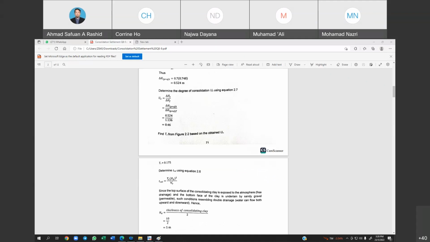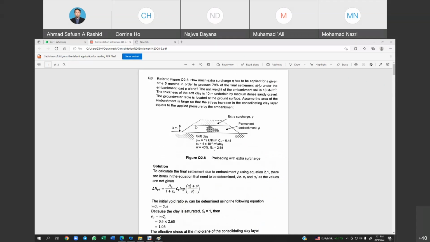Since the top surface of consolidation clay is exposed to the atmosphere, free drainage, and the bottom of the case, so they consider it as a double drainage. Kalau sebelum ni kita dapati bahawa ada sand, clay, lepas tu ada whatever gravel. So yang ini pun sama jugalah.